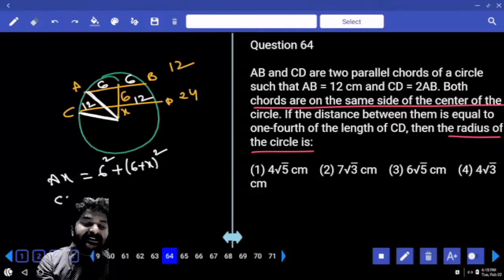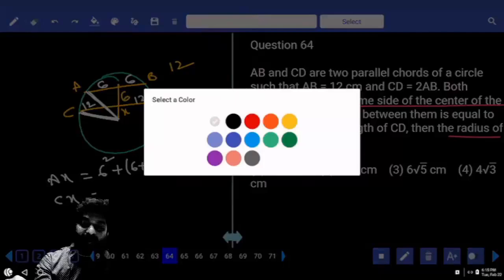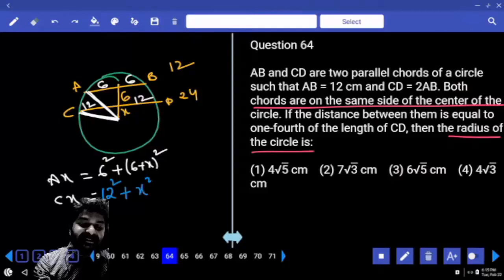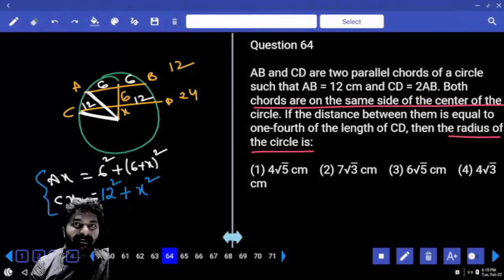Now CX, this is also radius. This triangle I am taking, blue color one. CX hypotenuse, that is equal to opposite side square plus adjacent side square, that is 12 square plus x square, correct? So both are radius only, right? Hence these two must be equal.